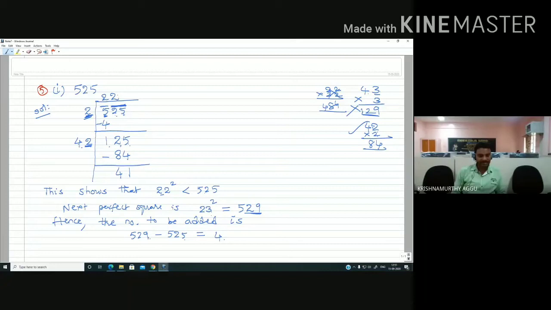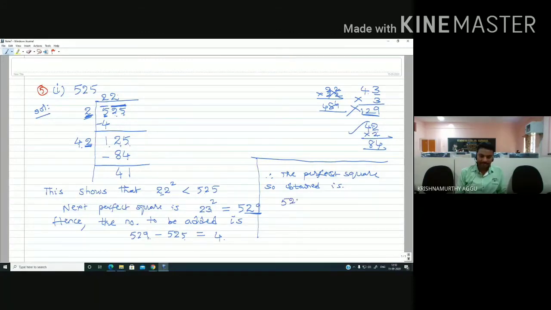So that it is a perfect square. Therefore, the perfect square so obtained is, what is the perfect square which is to be obtained?